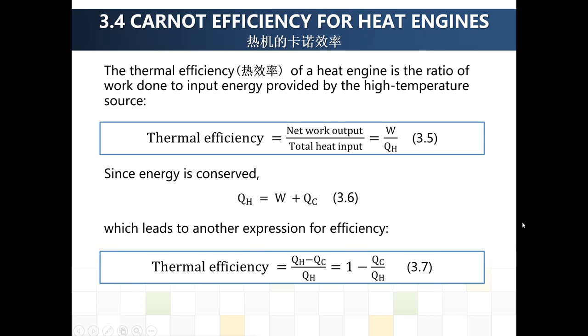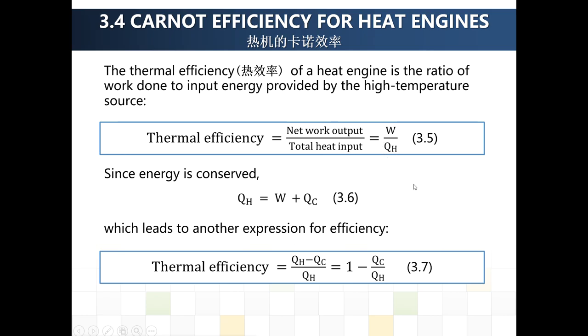The thermal efficiency of a heat engine is the ratio of work done to input energy provided by the high temperature source. So the thermal efficiency is equal to the net work output, W, divided by the total heat input, which is the heat from the high temperature source, QH.